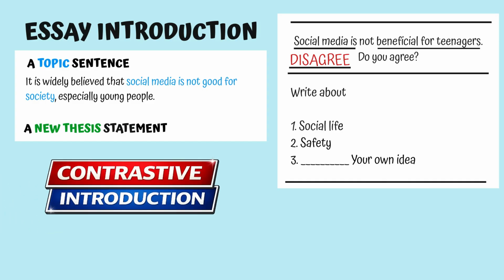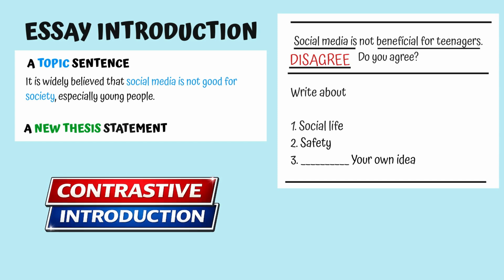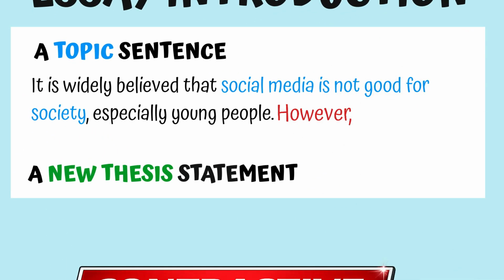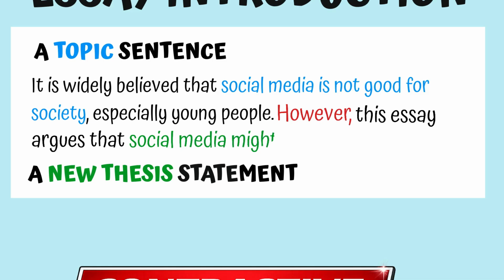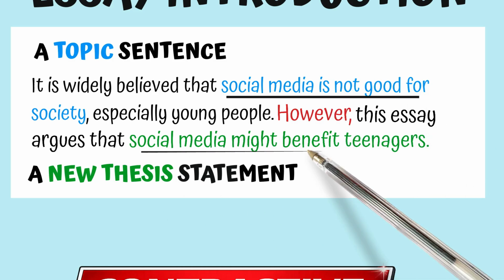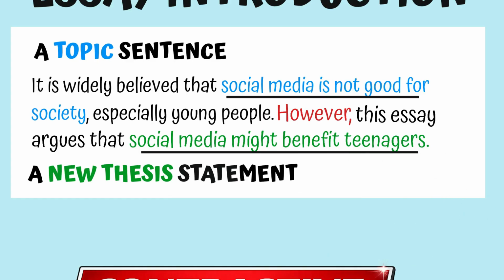Here, I can use a contrastive introduction, starting with the word however. I can say, however, this essay argues that social media might benefit teenagers. This thesis statement shows that I disagree with the essay question because I say social media might benefit teenagers.